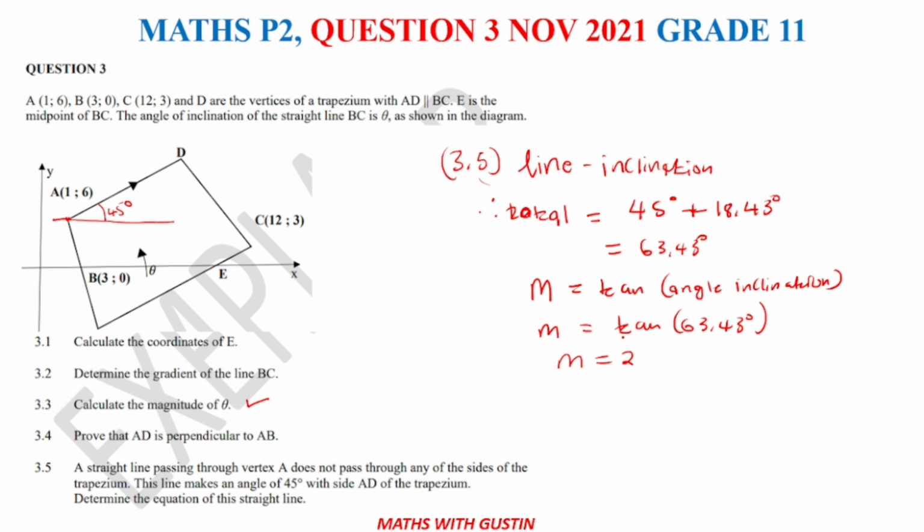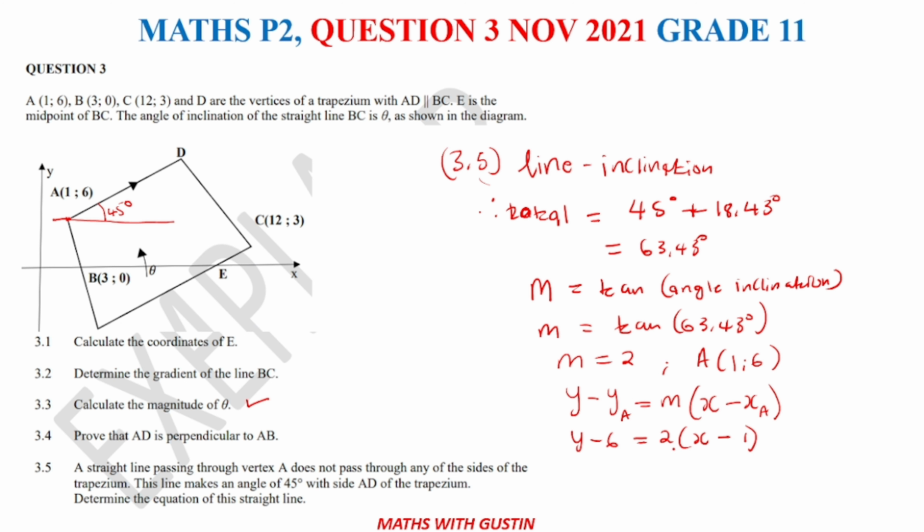So therefore the gradient is 2, and they said the line is passing through point A and no other point. All right, so point A is given by the coordinates (1, 6). We know our equation for the straight line: y minus y at A is equal to the gradient times x minus x at A. Therefore we can substitute: y minus 6 is equal to 2 times x minus 1.